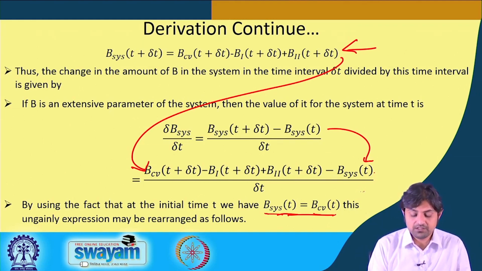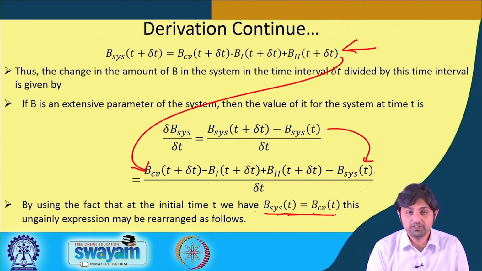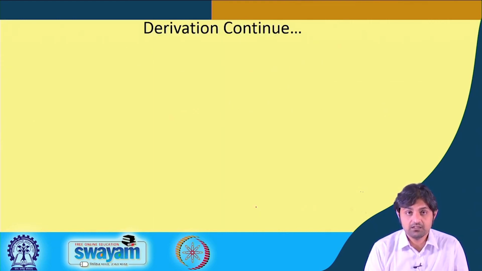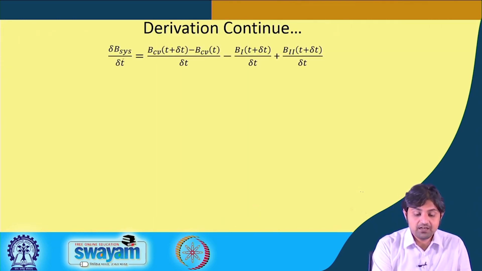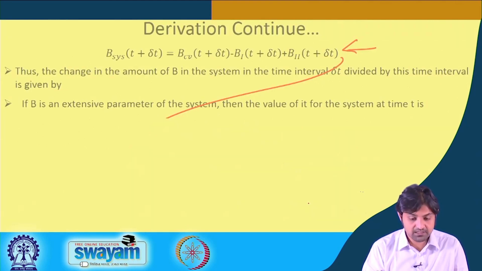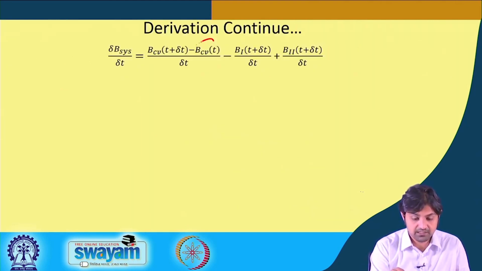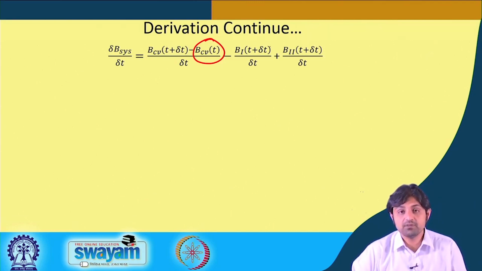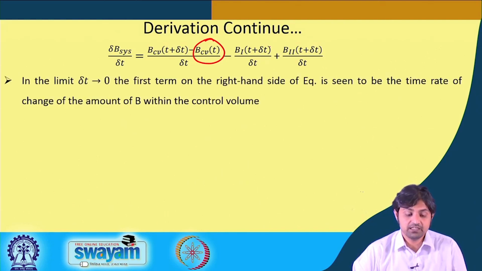We can rearrange this. How? We will see in the next slide. So delta B system by delta t became B CV at t plus delta t minus this one, which became this, and this is the one that is here in the next slide, minus B1 at t plus delta t divided by delta t plus B2 at t plus delta t divided by delta t.